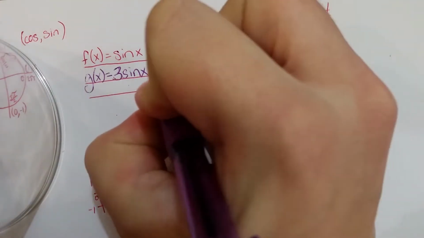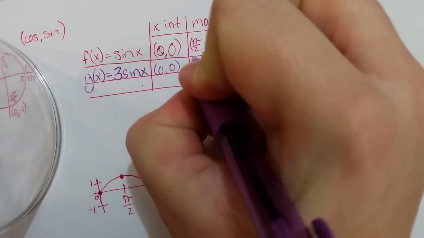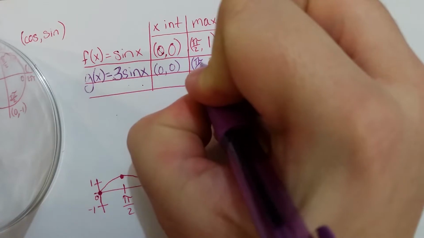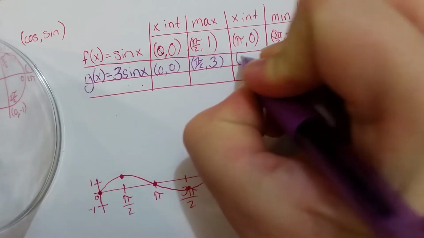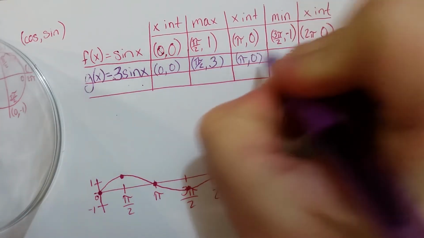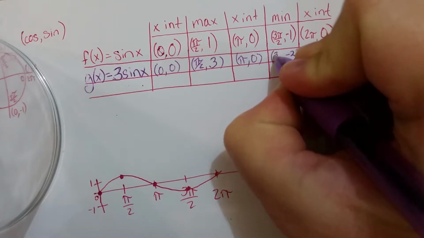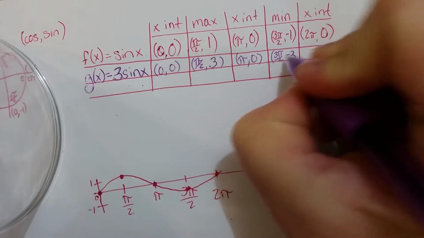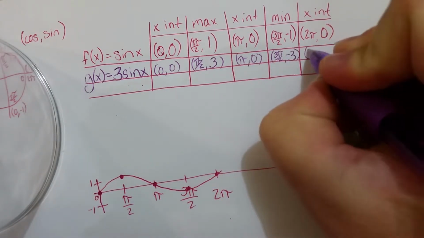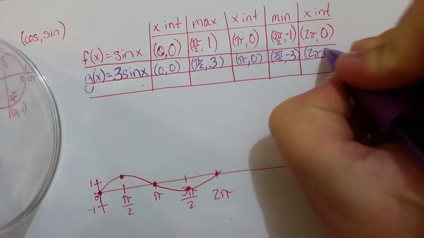So this will still be 0, 0. This will still be pi over 2. This will still be pi, 0. This is still 3 pi over 2. And this will still be 2 pi, 0.